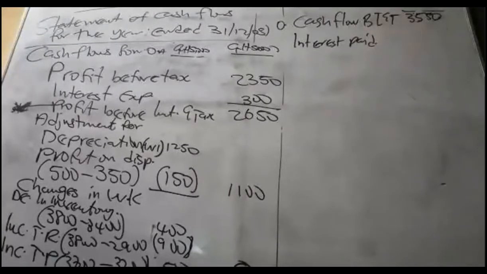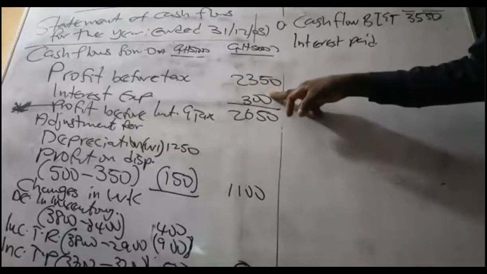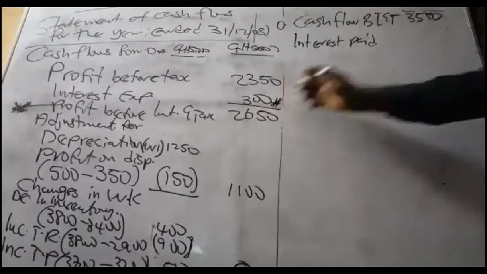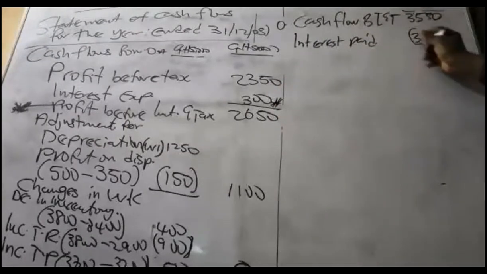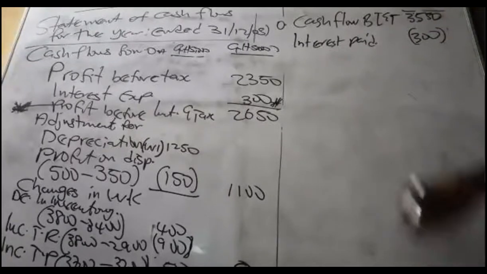So if there's no interest liability, then it means that they are not owing. If you are not owing any interest, then the interest expense is the same as interest paid. So just carry this figure, the interest expense, here as interest paid again. Why? Because they are not owing interest. In fact, even if you calculate, you still get the same answer.